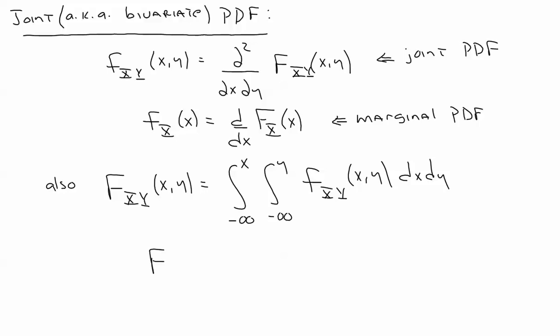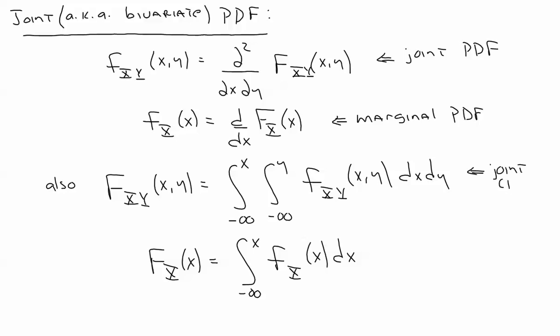The marginal cumulative distribution function for x was found by taking the indefinite integral of my marginal PDF. That's how we find the joint CDF from the joint PDF, and this is how we find the marginal CDF from the marginal PDF. Pretty much identical relationships for joint PDFs and CDFs.